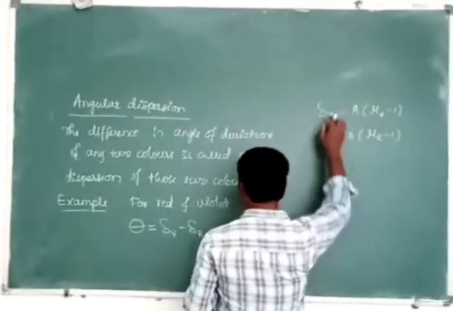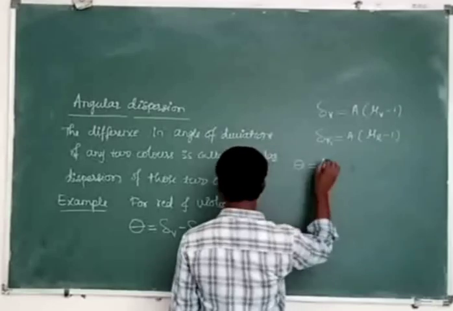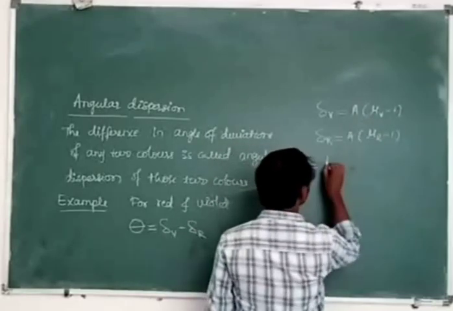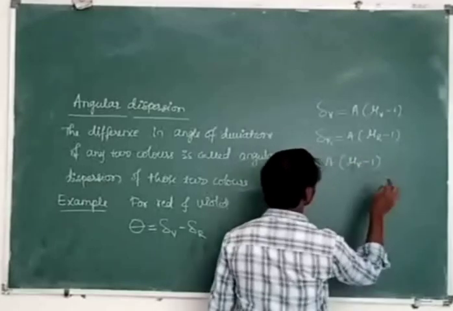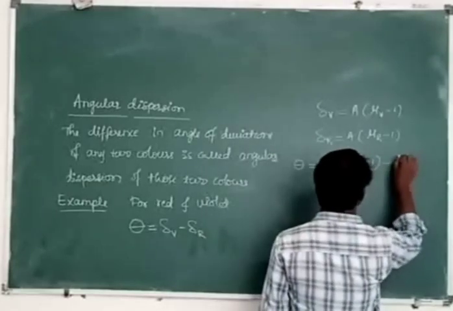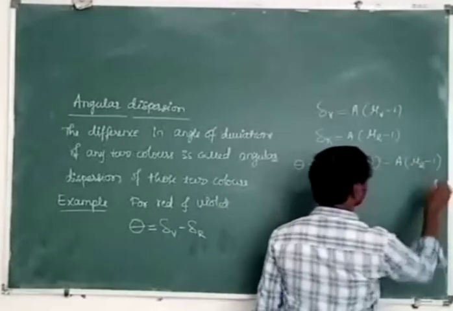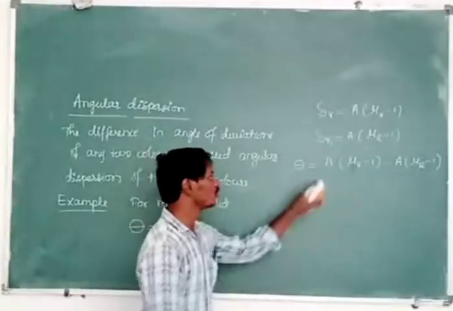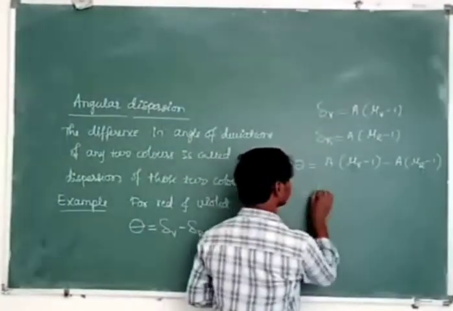Putting these two values in this equation, we get theta equal to delta V minus delta R, that is A into mu V minus 1 minus A into mu R minus 1. What is common here? Common is A. I will take A common.